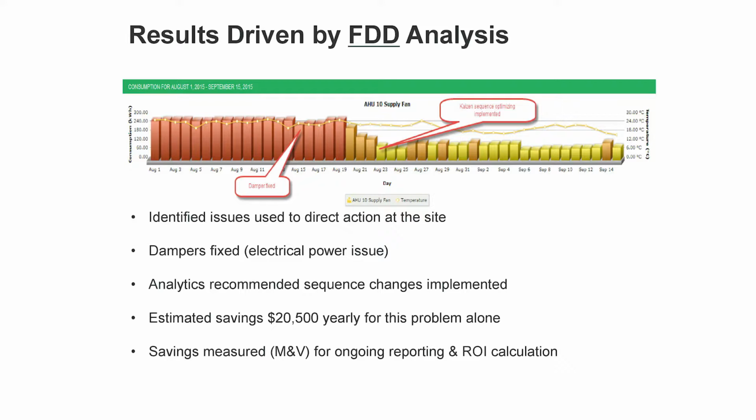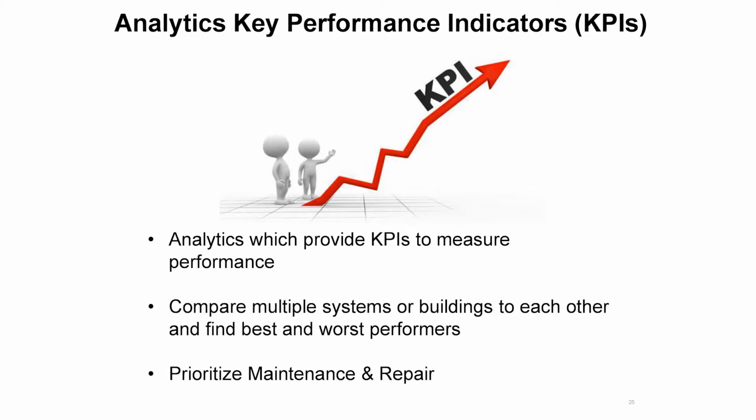Okay, KPIs. All right, KPIs are really great to use when you have a lot of one thing in a building. So what comes to mind? Yes, VAVs, exactly. So air handling units, VAVs, think about startup commissioning for VAVs.